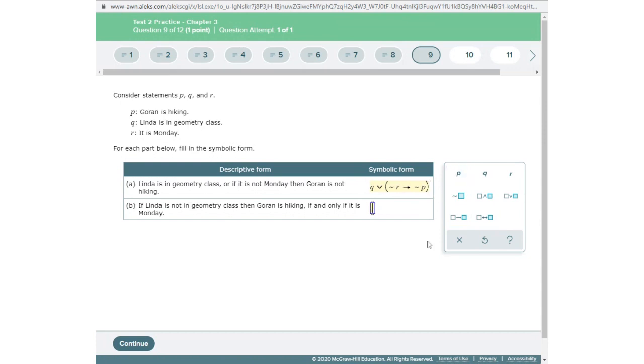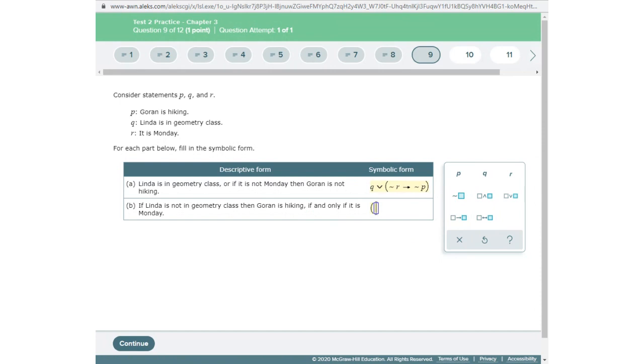Now here, the parentheses is going to be over here. So Linda is not in geometry class. If Linda is not in geometry class, now in this case, the parentheses is not really needed, but I'm going to put it anyway.